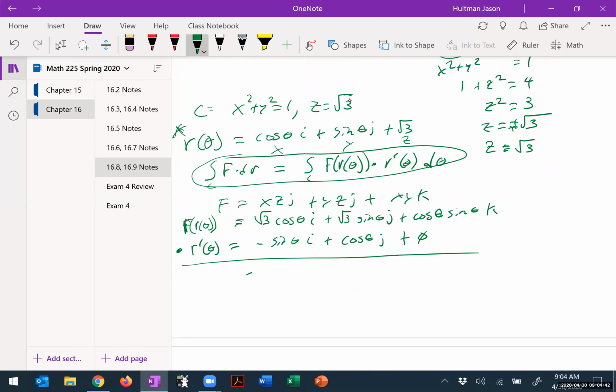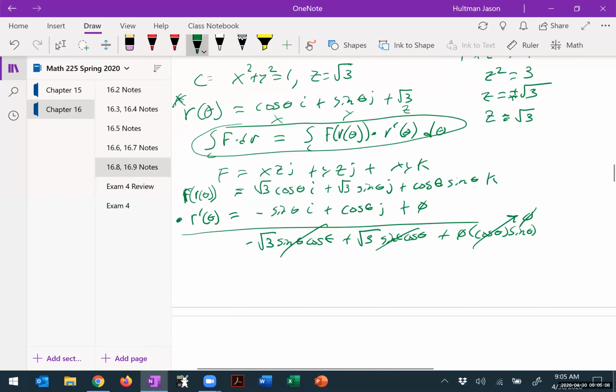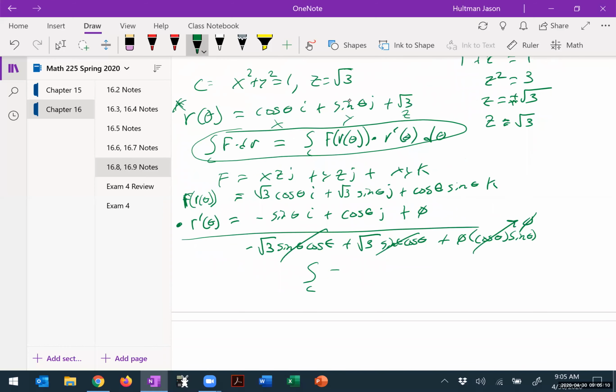This becomes negative radical 3 sine theta cosine theta, plus radical 3 sine theta cosine theta. Oh, that's nice. Those cancel. And then plus 0 times cosine theta sine theta, and that goes to 0. So the whole thing goes to 0.